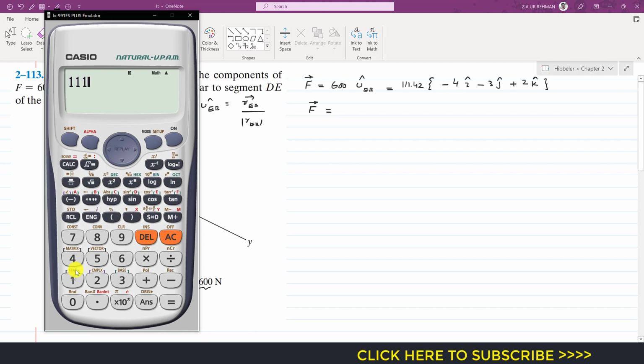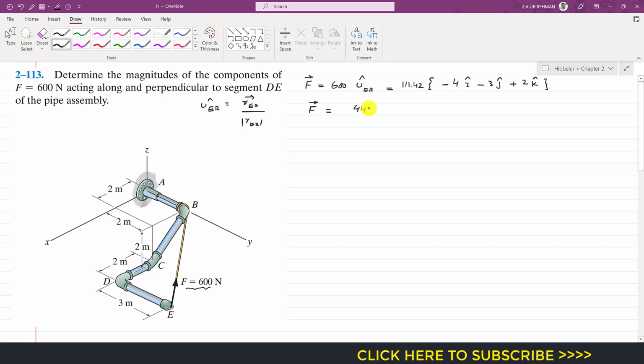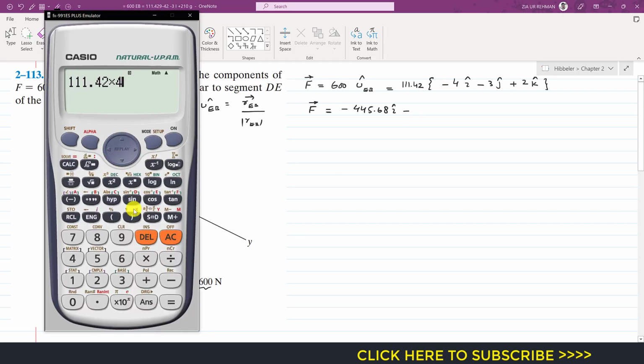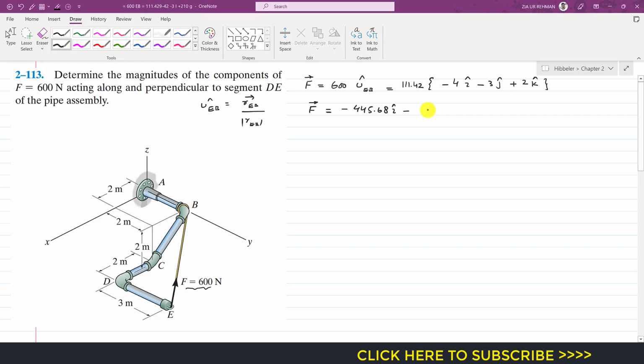111.42 multiplied by 4 is 445.68 i, and plus into minus is minus, again plus into minus is minus, so multiplying by 3 gives 334.26 j.